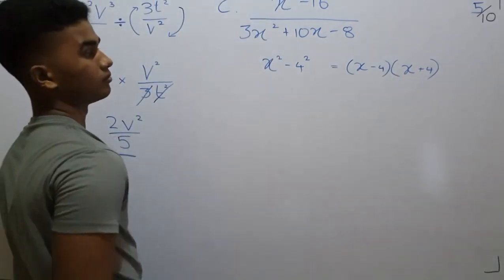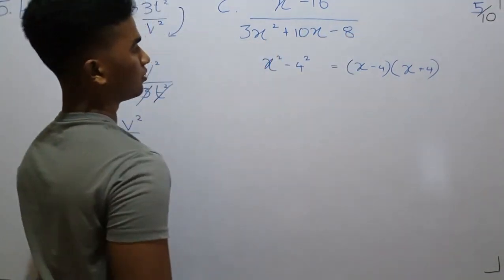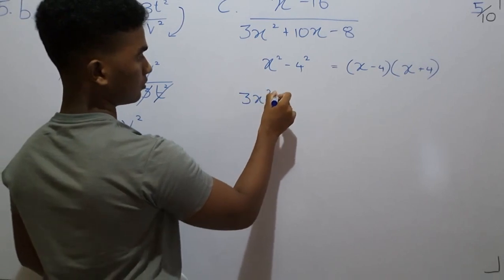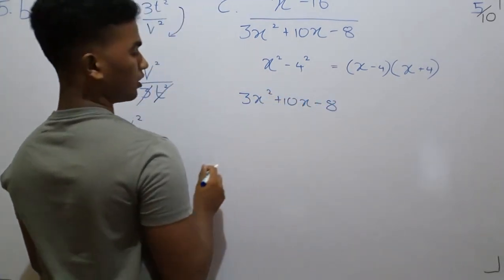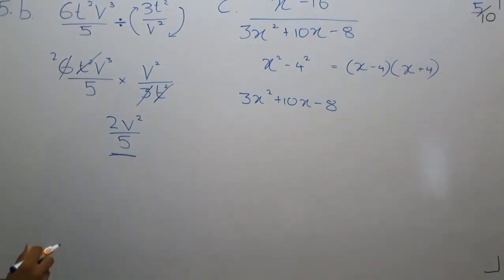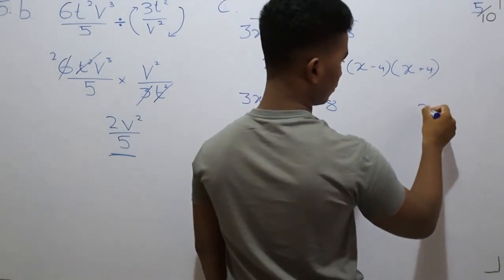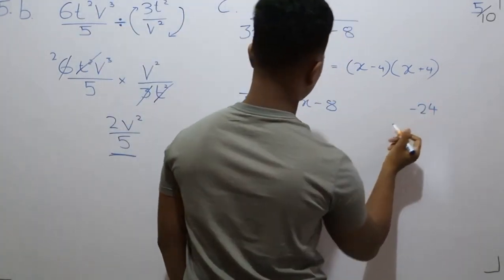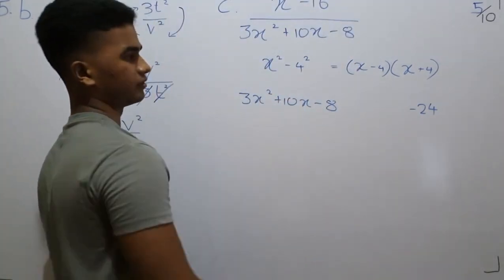When you simplify this you will be getting this. So 3x square plus 10x minus 8. To get the factors of this, we should multiply 3 by 8. 3 by 8 is 24, and 3 into minus 8, so minus 24. Now, what are the multiples of minus 24 to get plus 10?